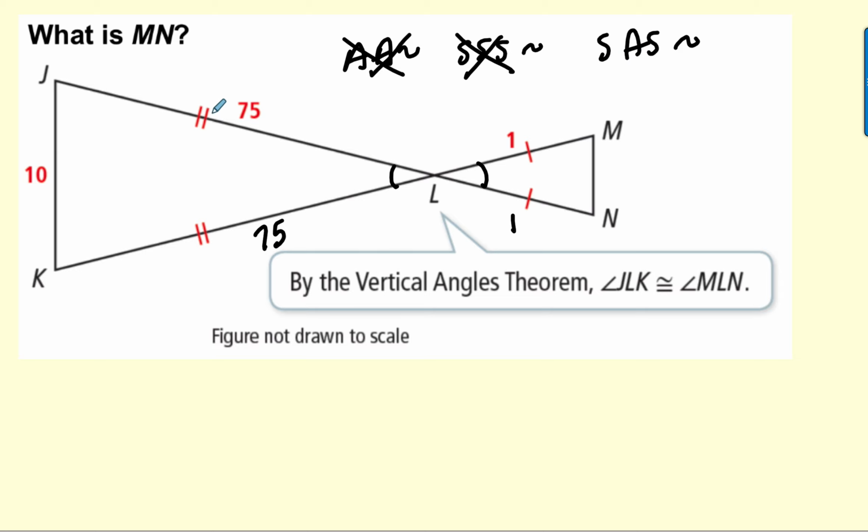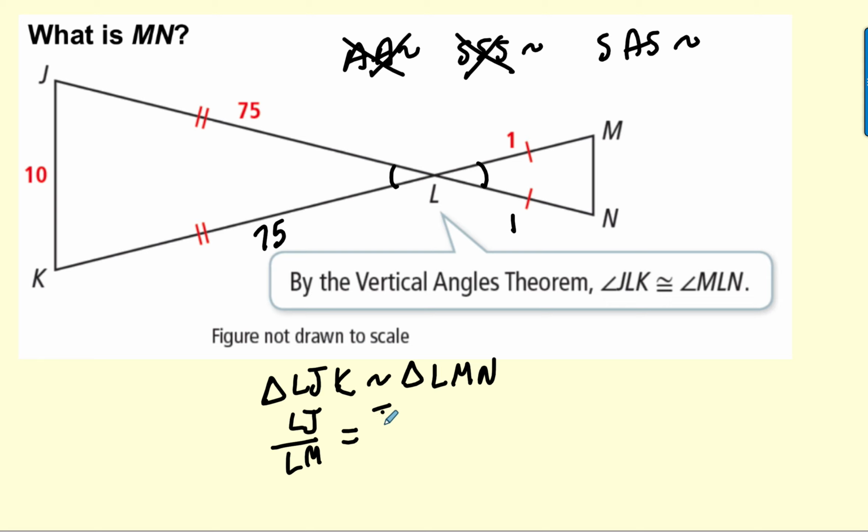So it does look like I have the ratio 75 to 1, 75 to 1. I have the two angles, so I know triangle LJK will be similar to triangle LMN. And I'll say LJ is to LM as JK is to MN.